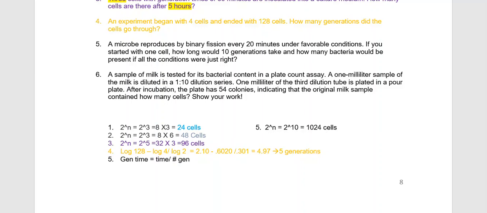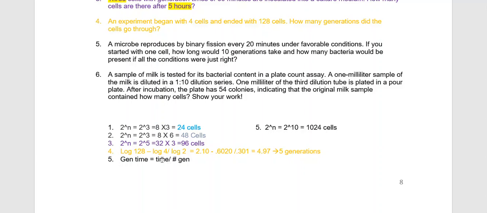So we could use that and just move things around a little bit to figure this out. We know generation time is 20 minutes. We're trying to figure out this time here. So we could rearrange this equation to solve for time itself.